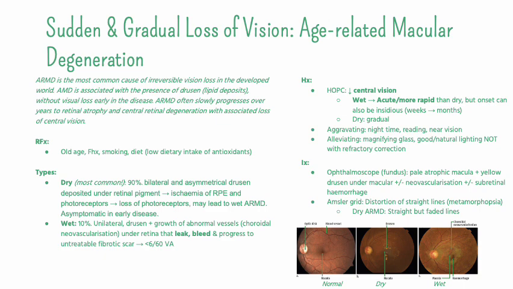AMSLA grids, like I mentioned before, is more of a screening tool for patients to have at home. But what you'll see in wet ARMD is metamorphopsia, which you'll see on the next slide, while in dry ARMD, rather than seeing metamorphopsia, which is more common in wet, the lines will still be straight but faded.